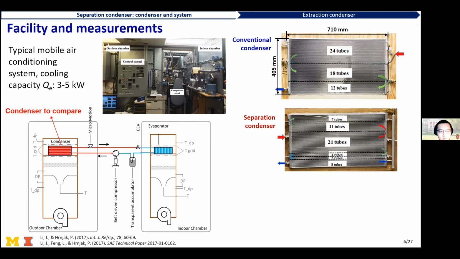If you look through the wind grill at the front of your car, you are going to find a similar thing sitting right behind it. So we try to keep the scale as real as possible in our experimental system. All the components are based on a real-sized automobile reversible heat pump system. So that's about the size of my experiment.